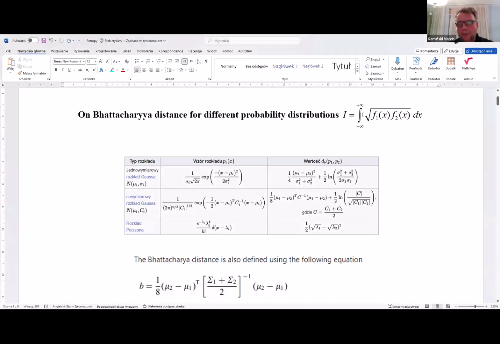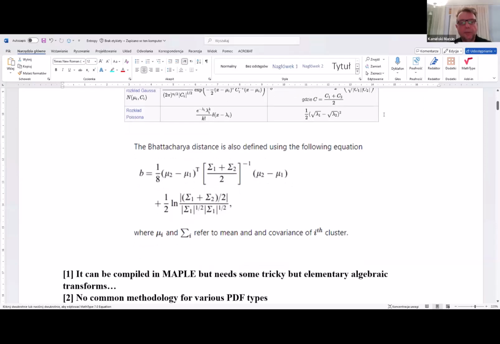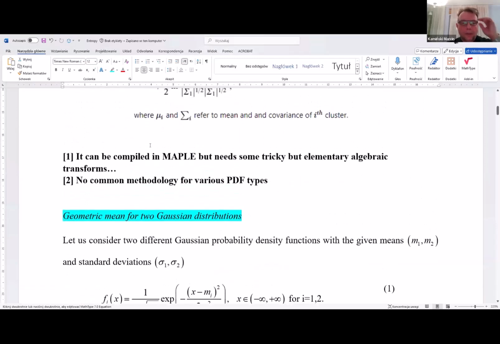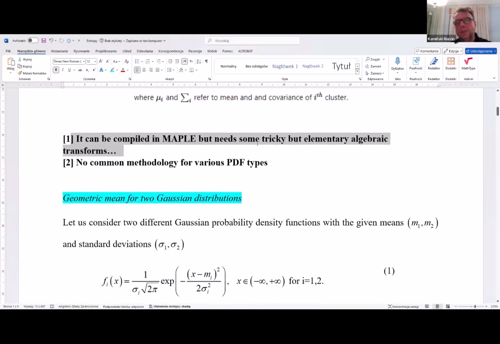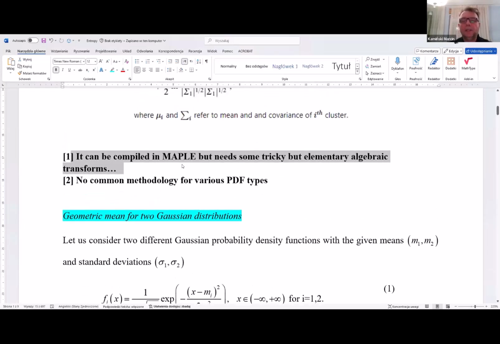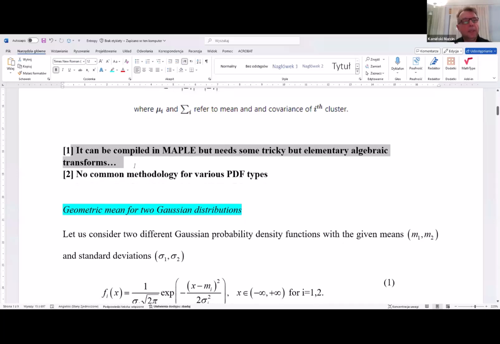We are going to demonstrate how to calculate this geometrical mean for two different probability distributions. Before I show you some calculations and transformations, I would like to say that it could be compiled in Maple, as you will see, but it is a little bit tricky, but still it has elementary algebraic transforms.